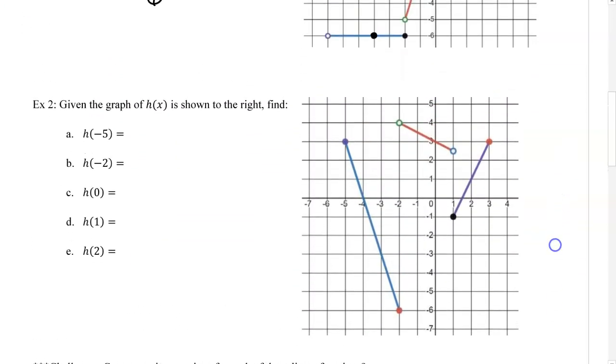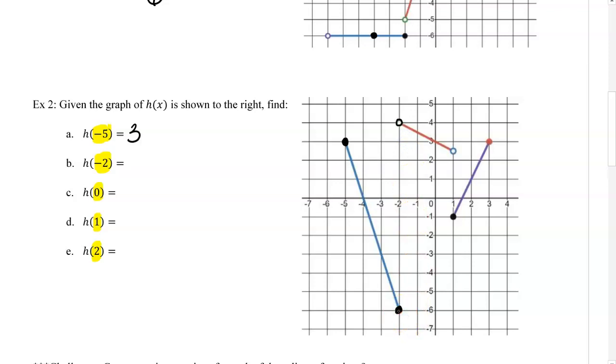Let's do another example. When we're looking at the graph of h of x, these are all the x values. So we want to find the x values on the graph and see what their corresponding y values are. So the first one, when x is -5, I trace it up to the graph. The y value here is 3. When x is -2, I see a point up here at 4 and a point down here at -6.